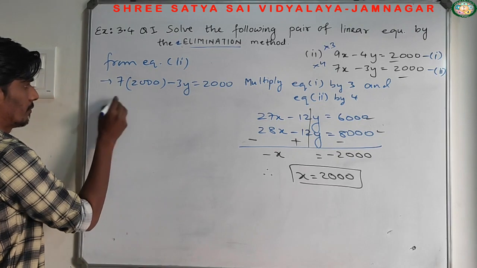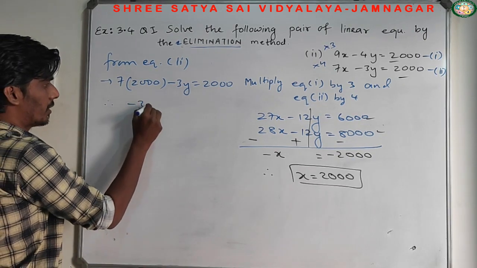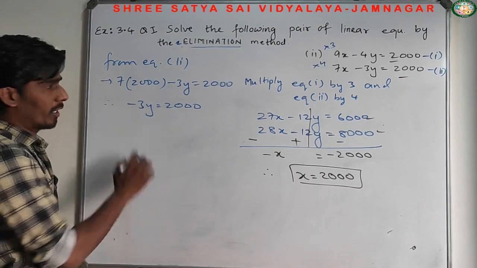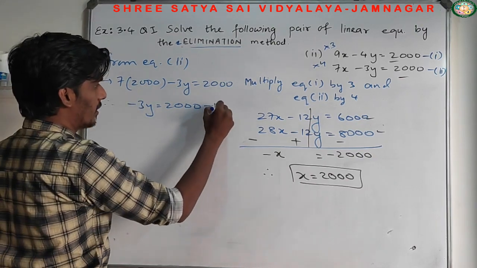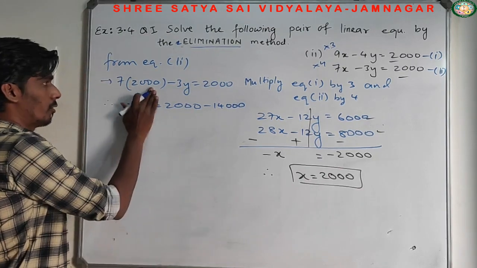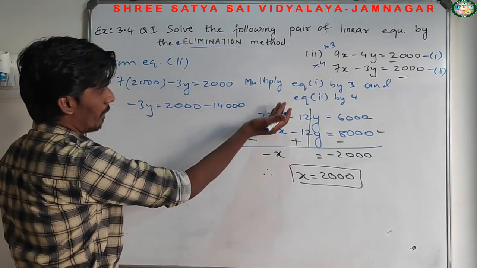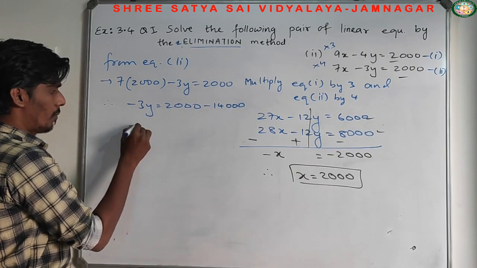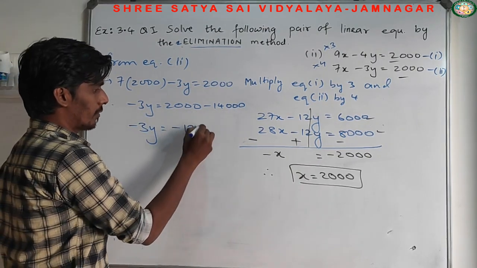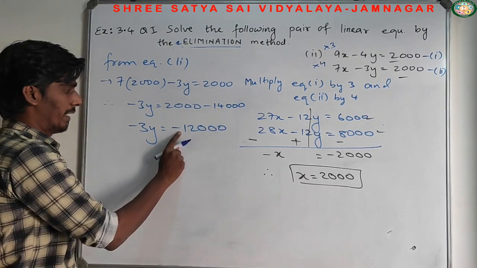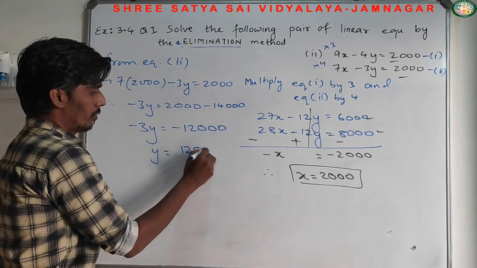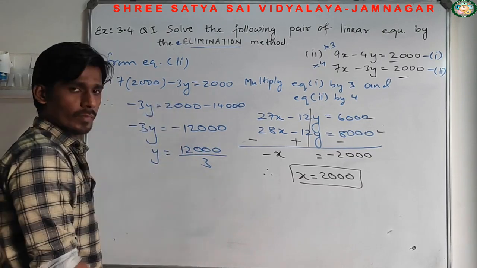Now what next? 7 2s are 14, 14,000 will move that side, so minus 14,000. When it moves to the other side it becomes minus. So minus 3y equals 2000 minus 14,000, which is minus 12,000. The negative signs get cancelled, so y equals 12,000 upon 3.